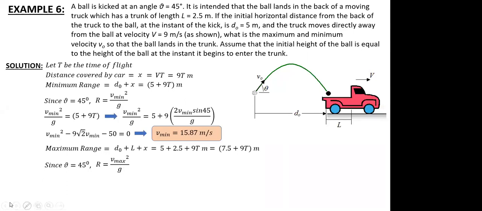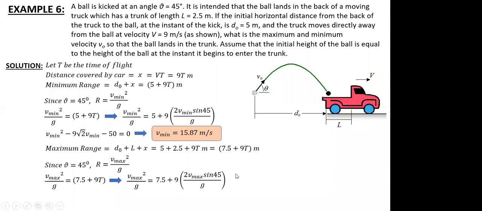So again this range, which is the horizontal displacement of the ball, and this is the distance which it has to cover. Both will be the same. I will equate both of them. Again, I will substitute the value of t as 2u sine theta by g. u was Vmax, sine 45 by g. Again, sine 45 is 1 by root 2. 2 by root 2 will become root 2. This root 2 and 9 will become 9 root 2.